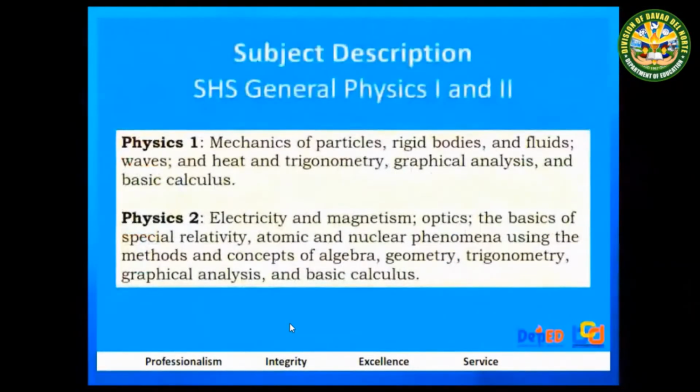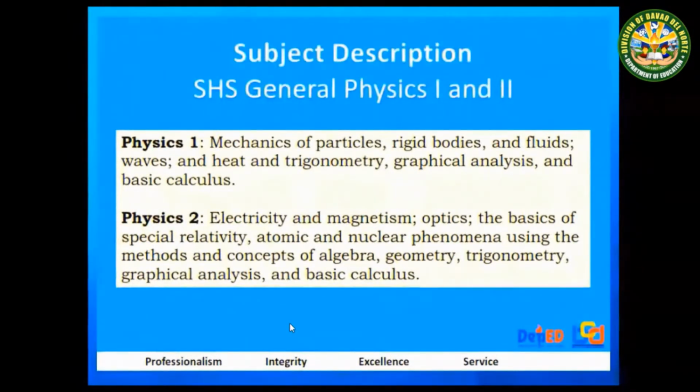For General Physics 1 and 2: Physics 1, Mechanics of Particles, Rigid Bodies and Fluids, Waves, and Heat and Trigonometry, Graphical Analysis, and Basic Calculus.